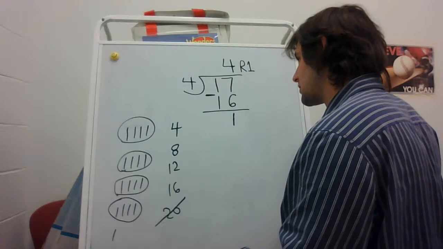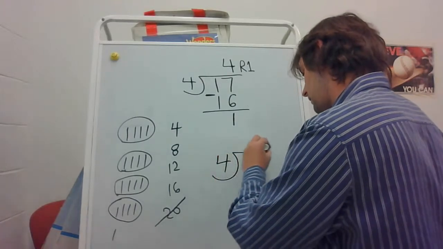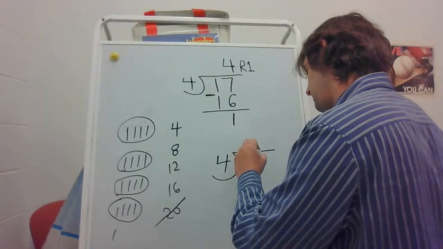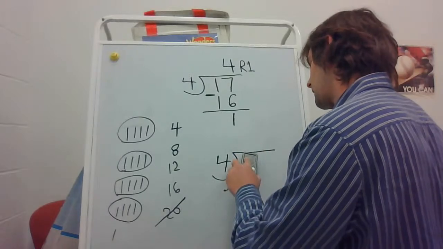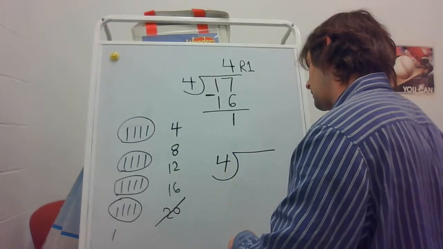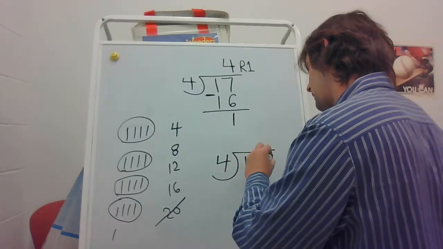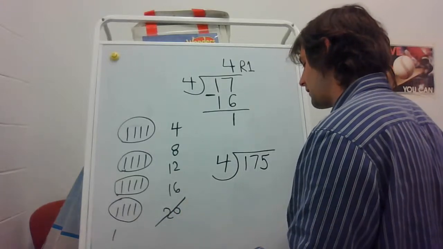I'm actually going to leave this up here because let's say I want to do 4 divided by 175.